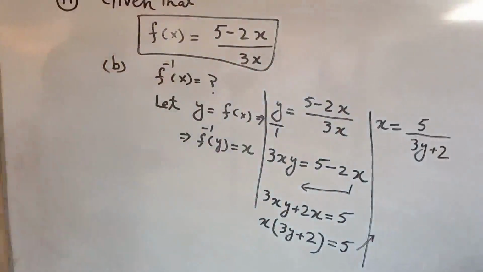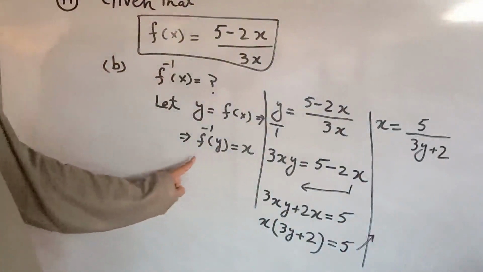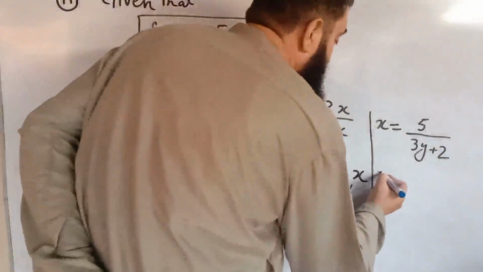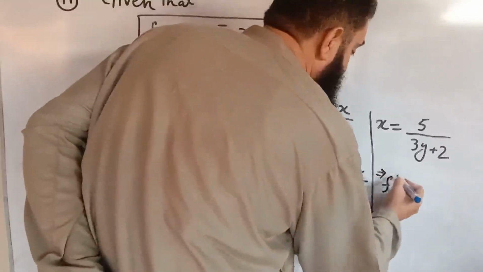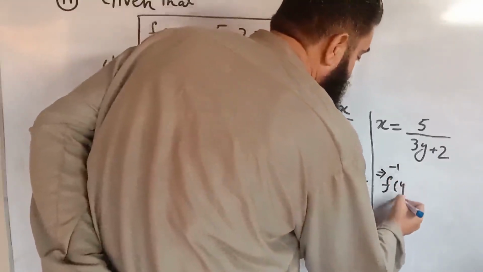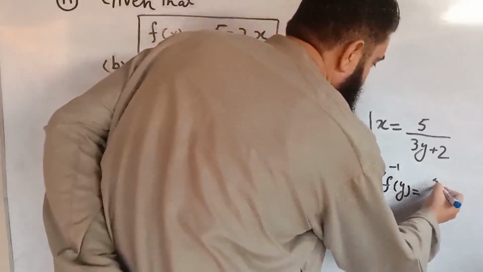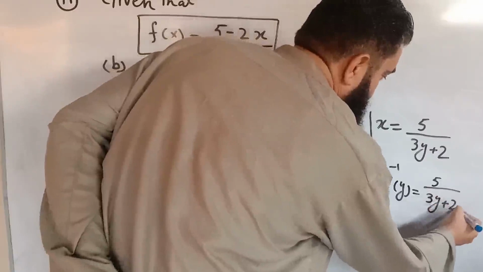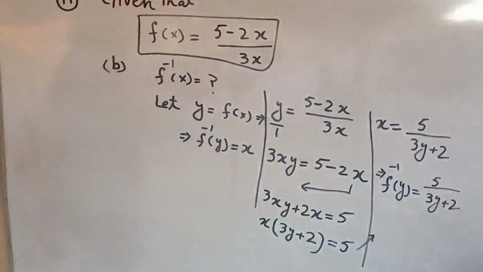This is x. Now x is equal to f inverse of y. Therefore we can write f inverse of y is equal to 5 over 3y plus 2. This is f inverse of y.